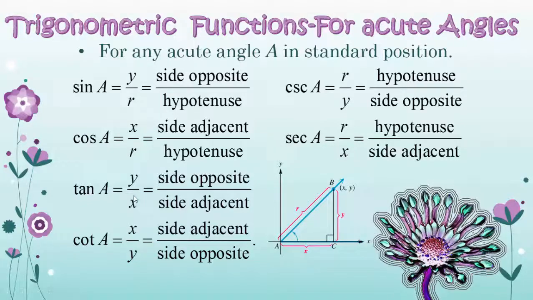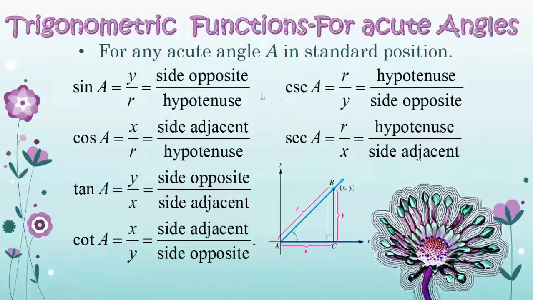Now, of course, these actually have reciprocals. The reciprocal of the tangent is what's called the cotangent. That means if the tangent is y over x, the cotangent is x over y. Similarly, for the sine, we have what's called the cosecant.